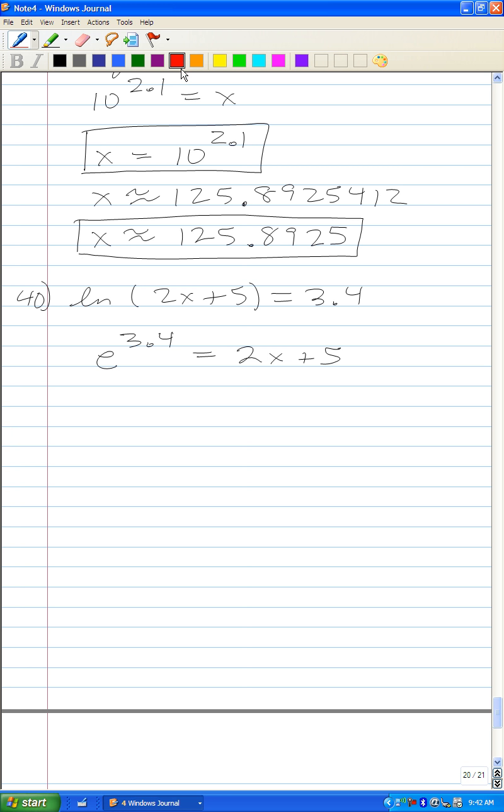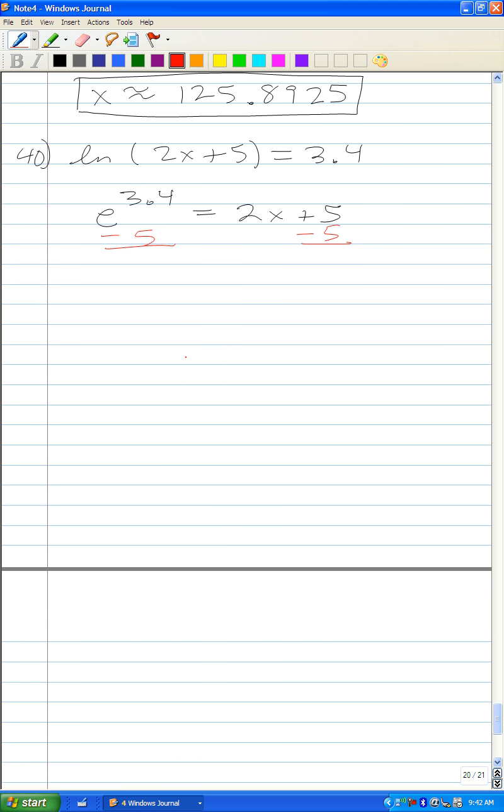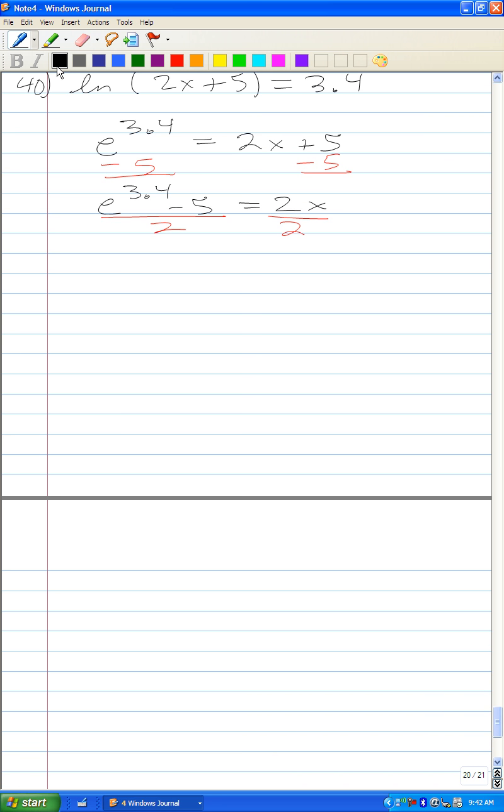Let me subtract 5 from both sides of my equation. And so e to the 3.4 minus 5 equals 2x. Divide by 2. And so x is equal to e to the 3.4 minus 5, over 2.